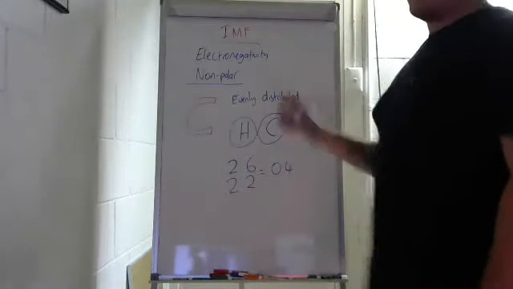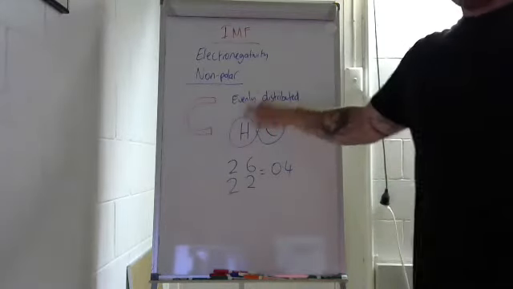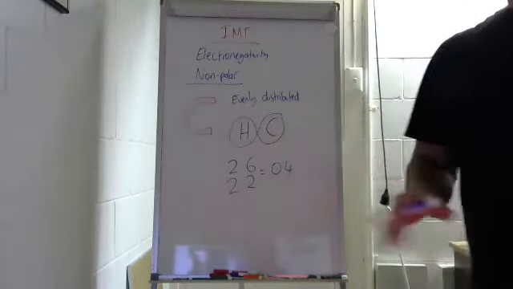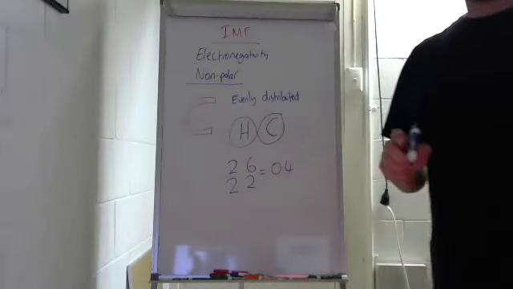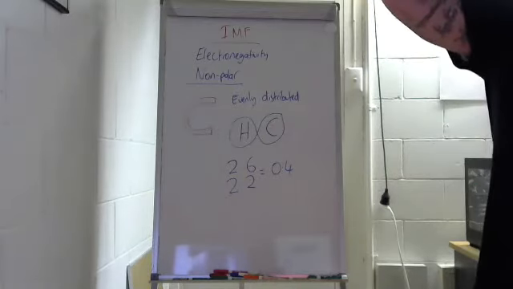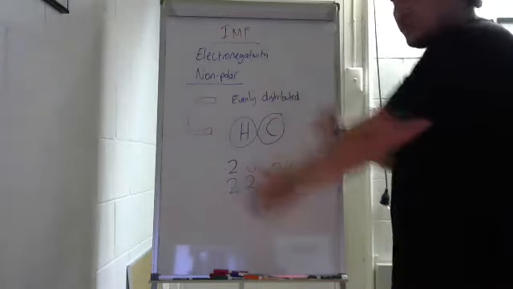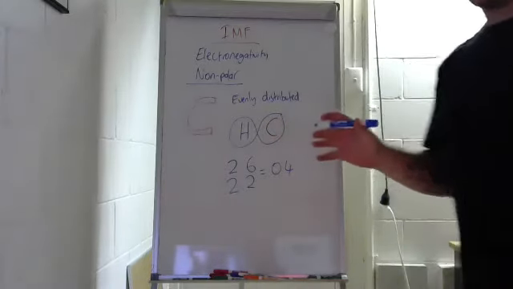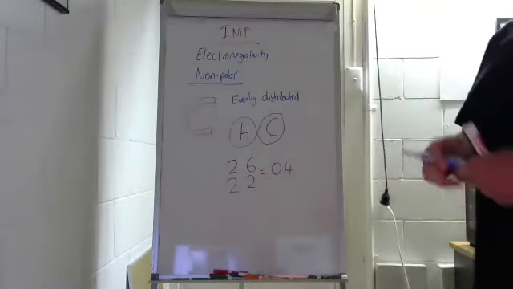In order for a bond to be polar, i.e. one of the atoms will hog the electrons, the electronegativity difference must be greater than 0.5. Now, this is extremely important to remember when we start looking at the functional groups in organic chemistry, because it will tell you everything you need to know about the organic molecule.